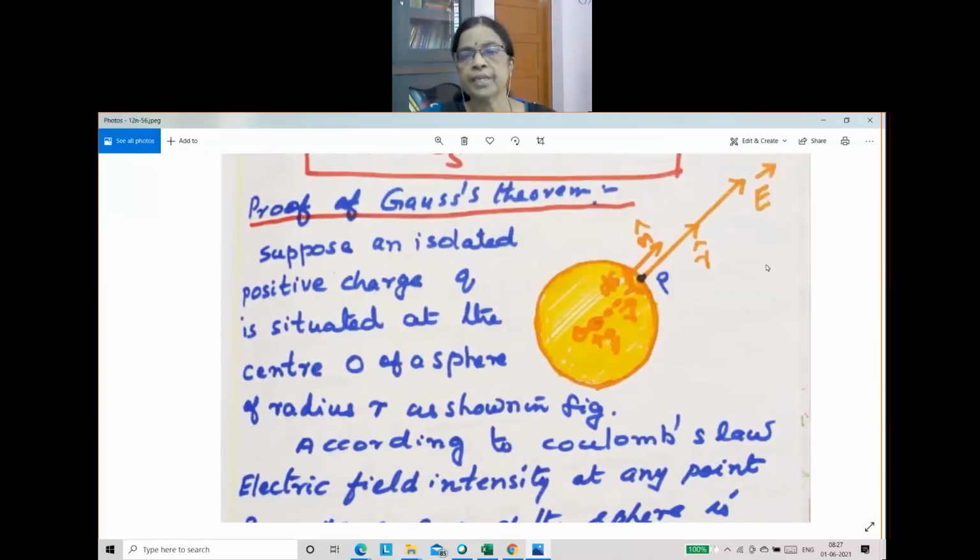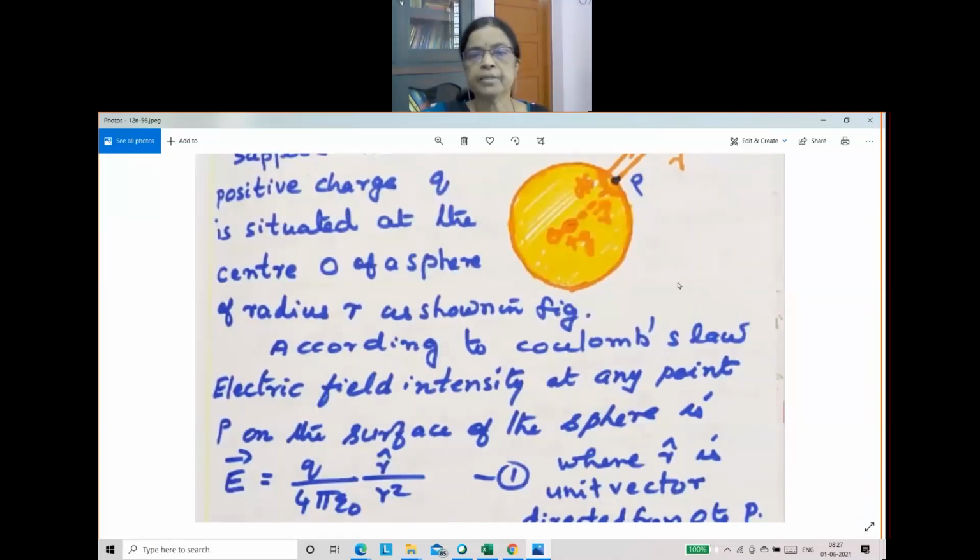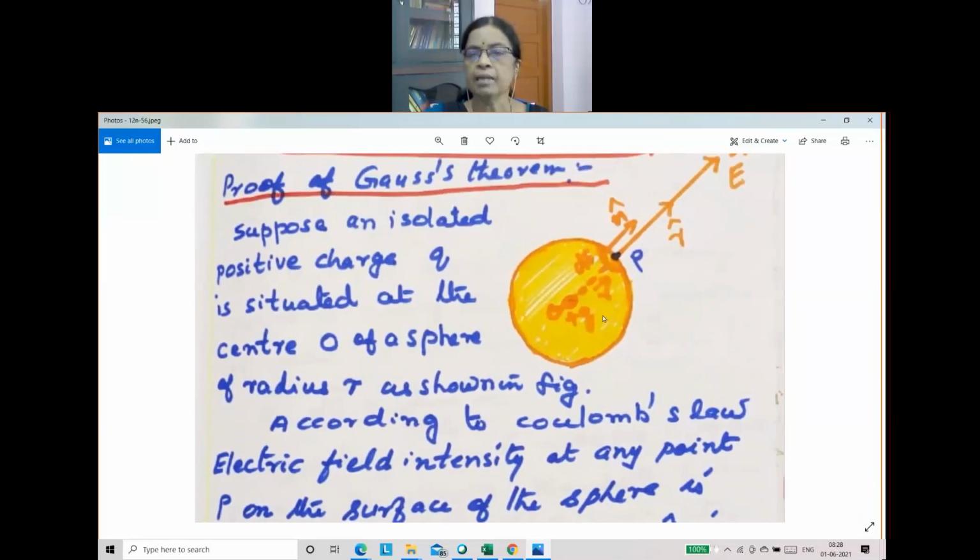Okay. So first, the figure explanation. What all things do you see here? You have to explain. Charge: consider a charge plus q placed at O. Then radius: consider a Gaussian surface surrounding the charge with a radius r. Then ds: consider a smaller area on the surface of the sphere.